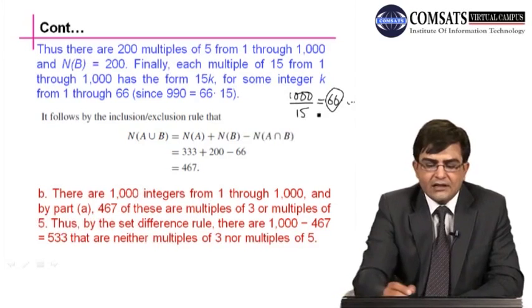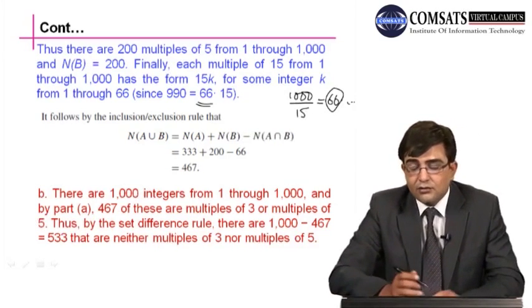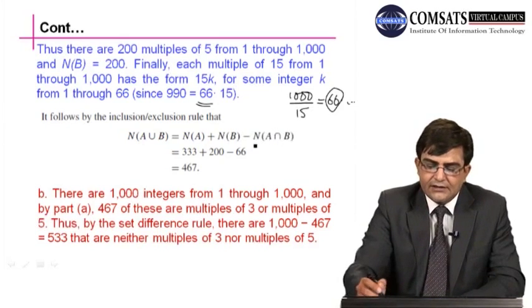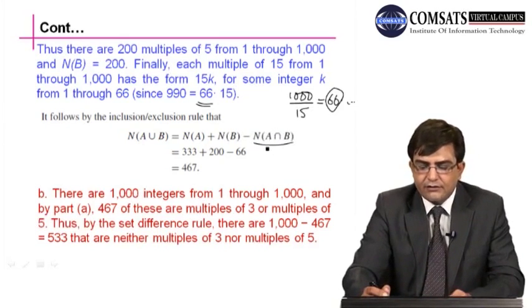So 66 are the integers which are divisible by, multiples of 15. The number of elements in A intersection B is 66.